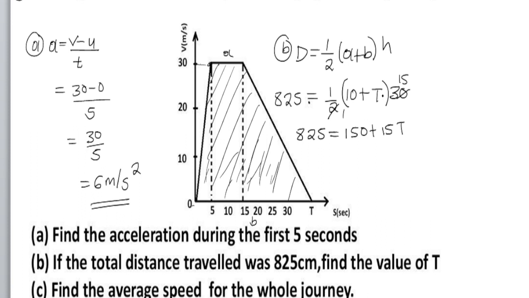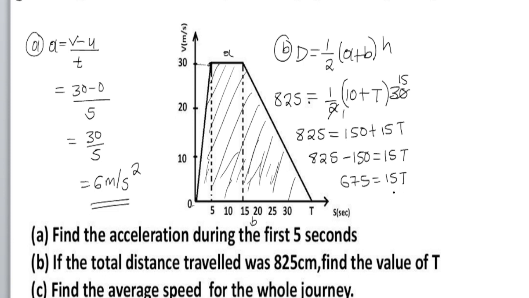Then the 150 will cross the equal sign. So here I have 825, the 150 will become negative 150, and this side I have 15t. What is 825 minus 150? That one we have 675.